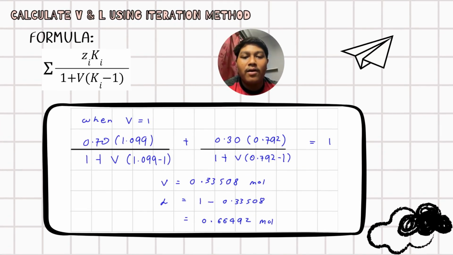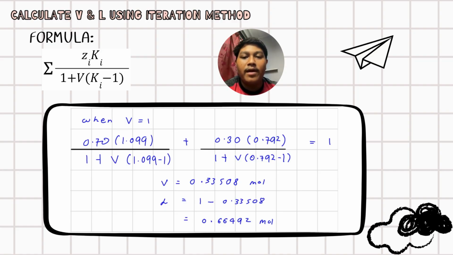After getting the value of K for acetone and methanol, next we are going to find the value of V and L using the iteration method, by using the formula summation of Z times K minus 1 over 1 plus V times K minus 1. Firstly, we have two substances, acetone and methanol, so we need to do the summation of these two substances and set it equal to 0. After inserting all the inputs that we have, we get the value for V as 0.33508 mol.